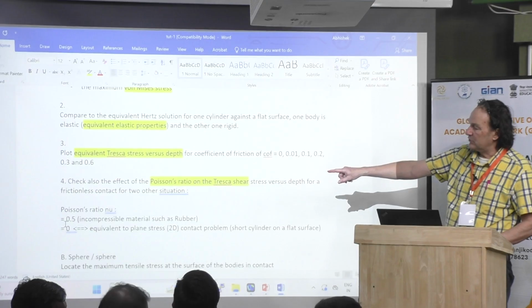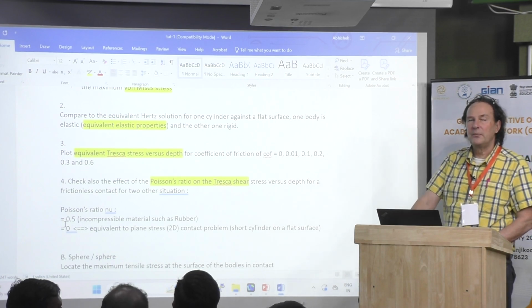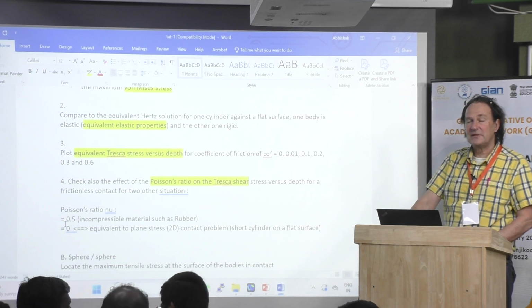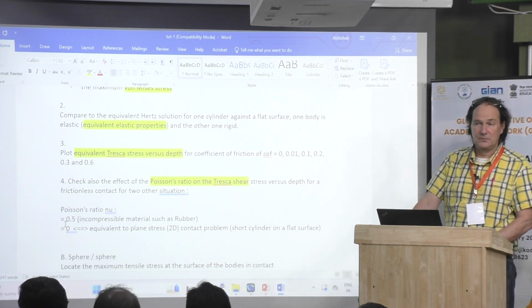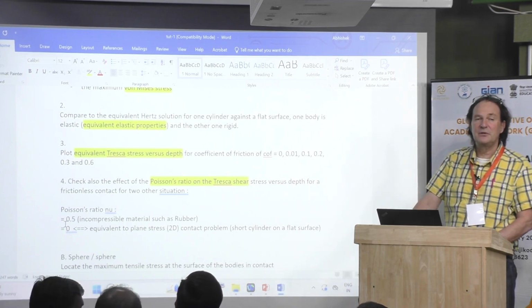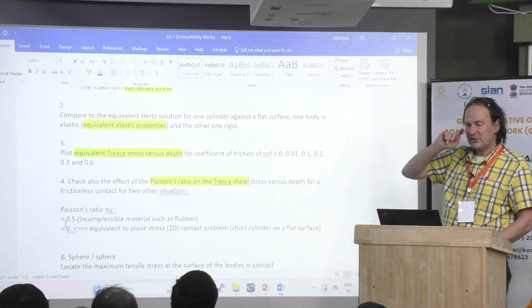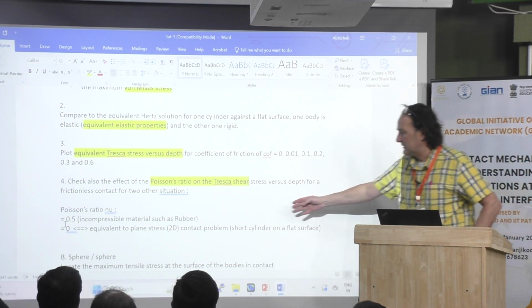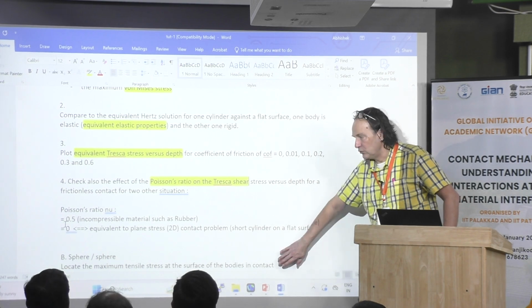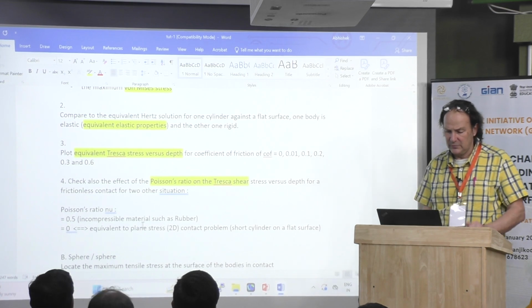And if the Poisson ratio equals 0, it corresponds in fact to plane stress, because the stress along the axis of the cylinder will be equal to 0, because the stress is minus the Poisson ratio times the sum of the other principal stresses. If you can do that, you will see some interesting results. And after, we can do or not a simulation with a sphere, but I think it's not very important.